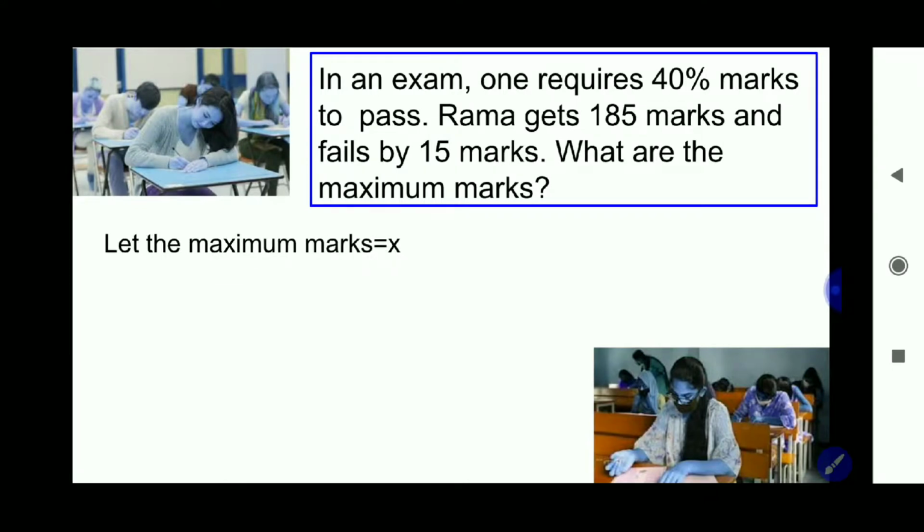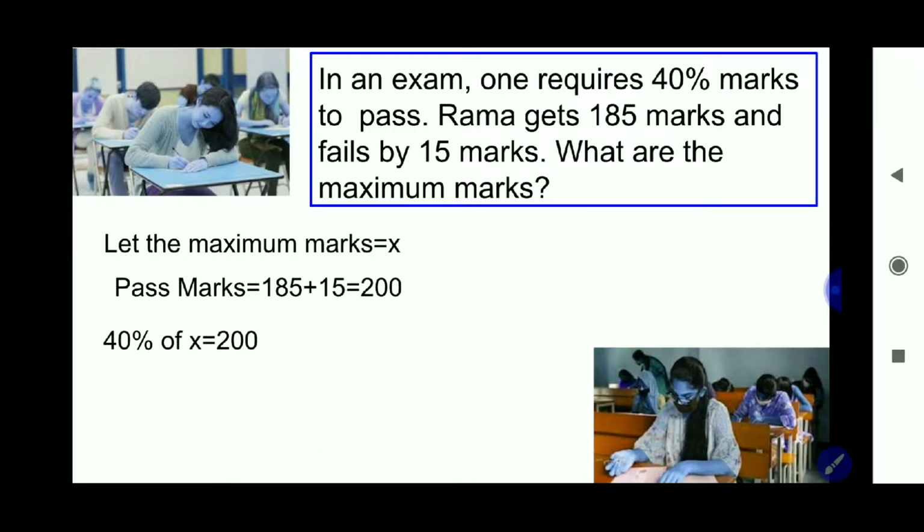Let the maximum marks be x. Now pass marks. In the question it is given that Rama gets 185 marks and fails by 15 marks. So pass marks is equal to 185 plus 15. It is 200. But pass marks is 40%.